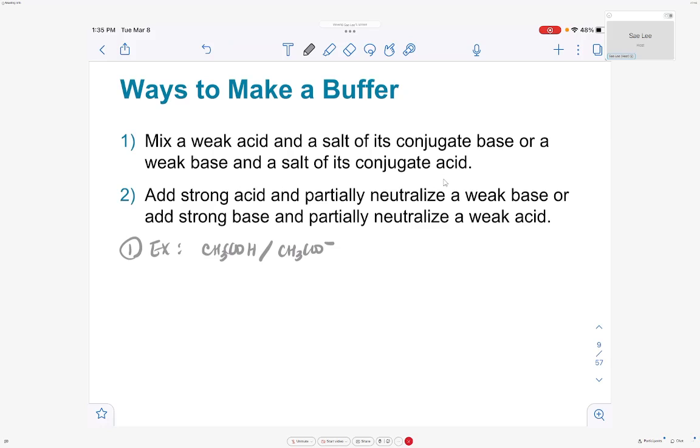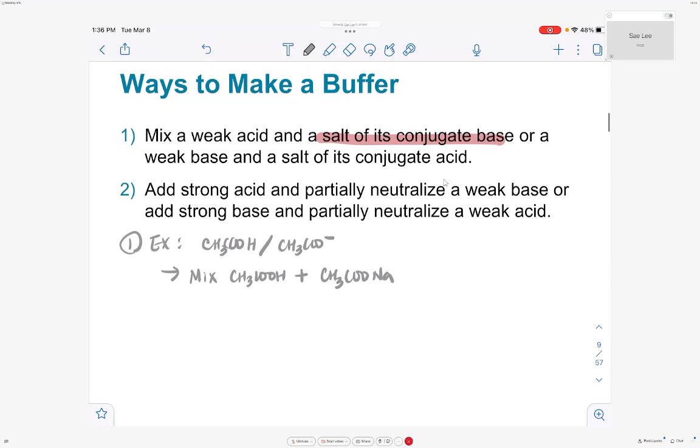If you're creating this buffer solution, you can mix acetic acid and a salt of its conjugate base, so you will mix acetic acid and sodium acetate.